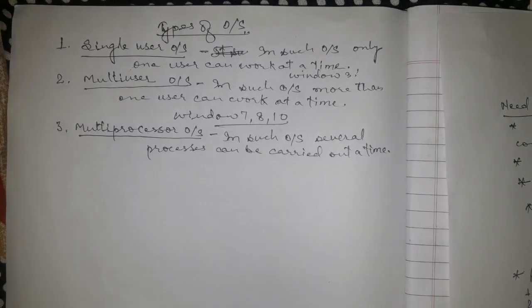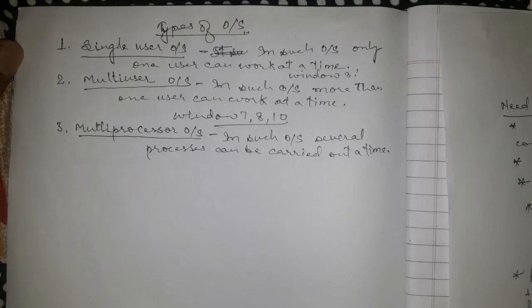So multiprocessor operating system is the system which can carry out more than one process at a time.